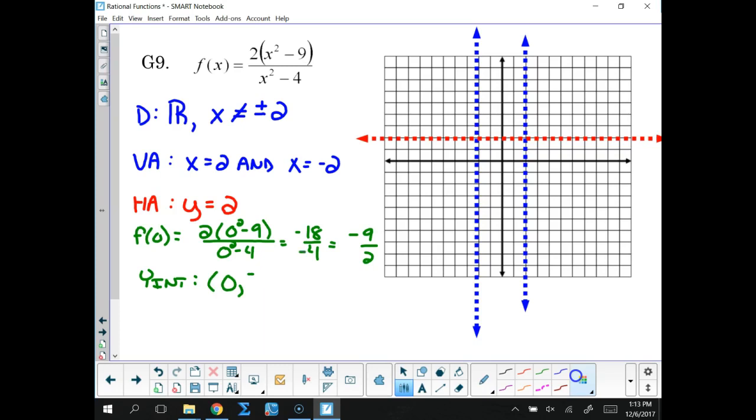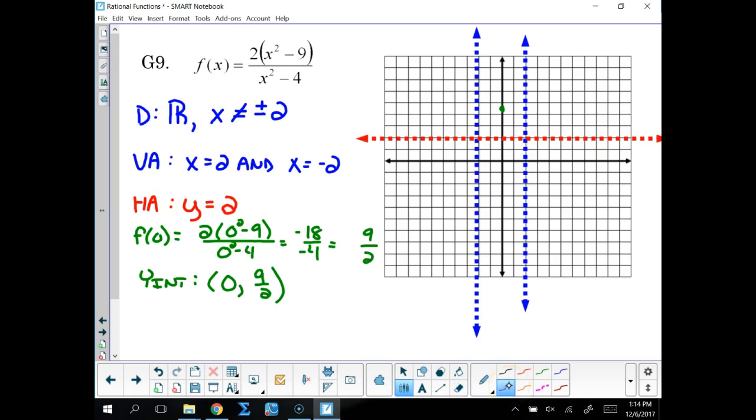Oh, positive 9/2, which is 4.5. 1, 2, 3, 4.5. Yeah?